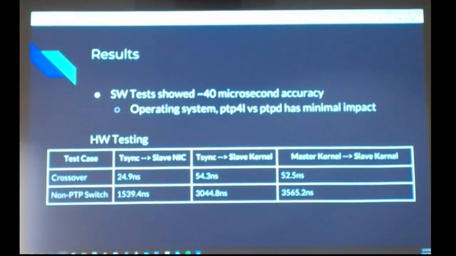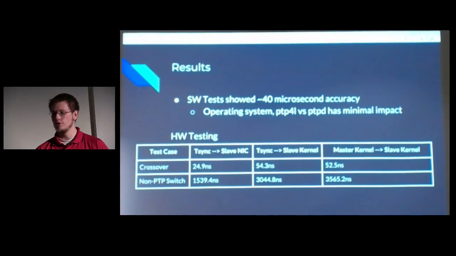So the results for prototype 1 and prototype 2 showed that the software tests for prototype 1 produced, on average, a 40 microsecond synchronization accuracy between the master and slave machine. Another interesting result that we saw from prototype 1 was that although we did test multiple PTP tools along with multiple OSs, there was little difference produced in synchronization accuracy.